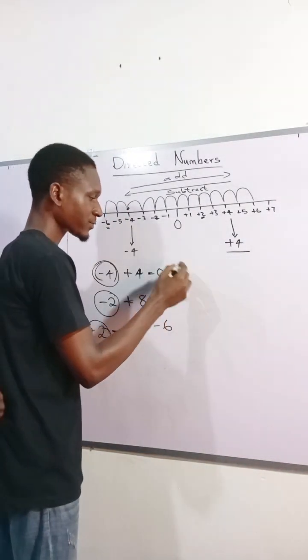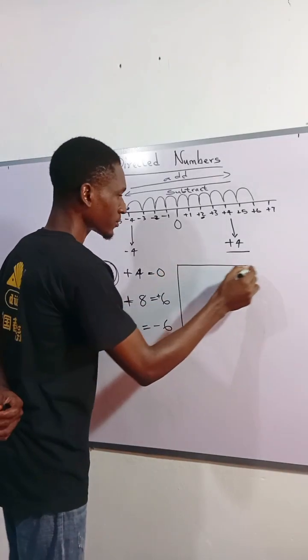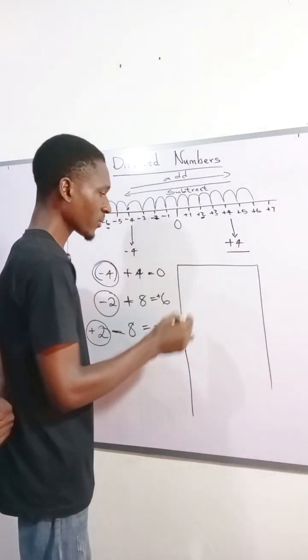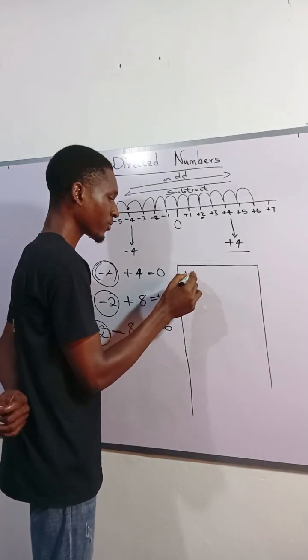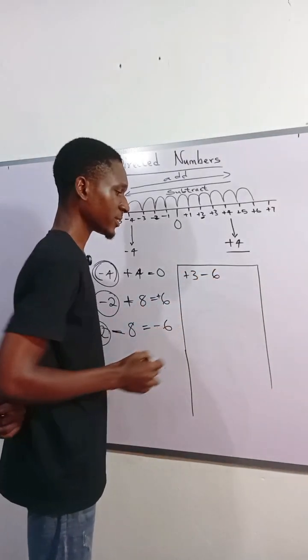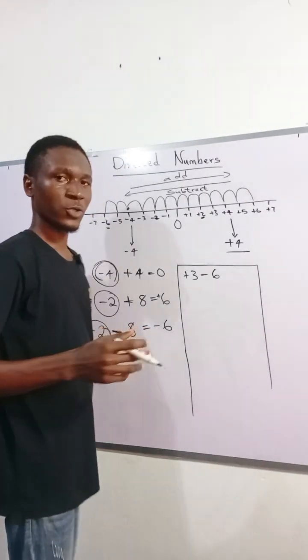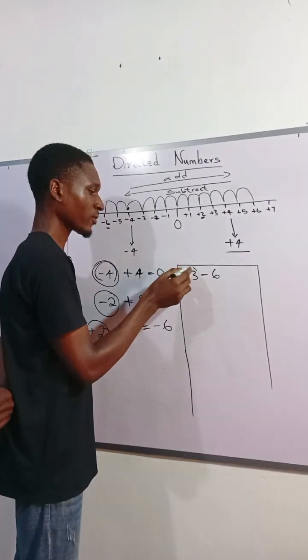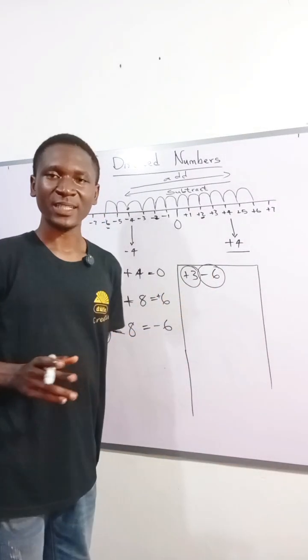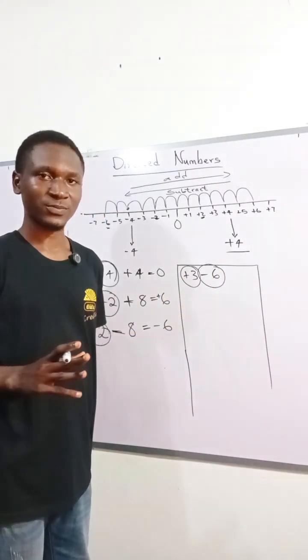When you have something like positive 3 minus 6, negative 6, what should come into your mind is what? I'm having positive 3 and I'm having negative 6. Positive and negative usually cancel.